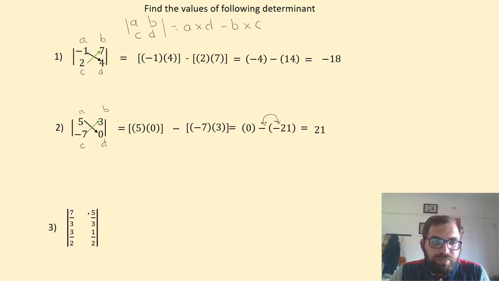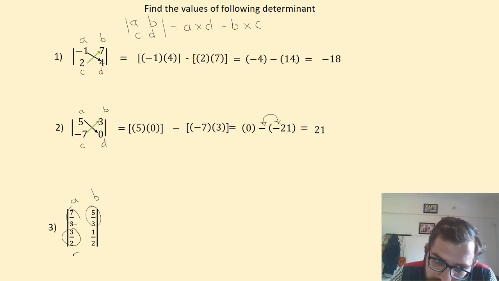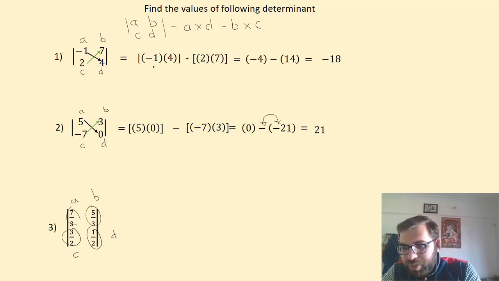This is the next one. 7 by 3, 5 by 3, 3 by 2, 1 by 2. So this first number is your A, this second number is B, this is your C, and this 1 by 2 is your D. Again we know the answer is AD minus BC.